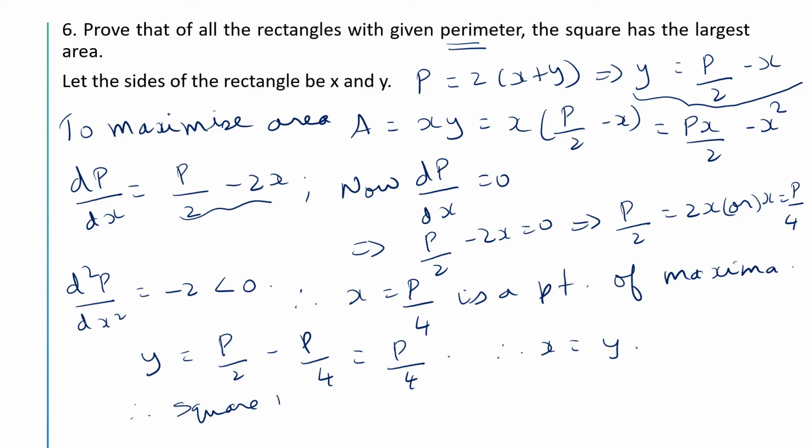Therefore, square has the largest area of all the rectangles of the given perimeter. So it means the given rectangle is a square.